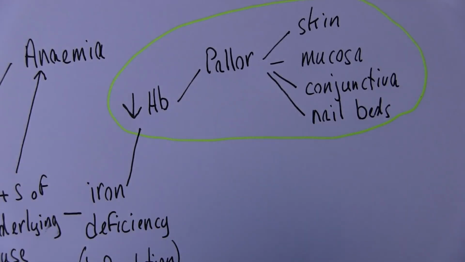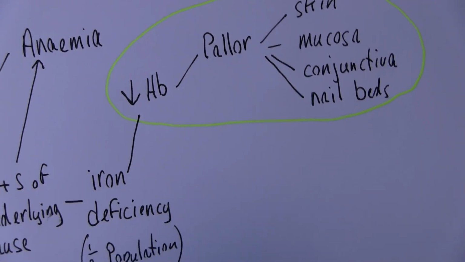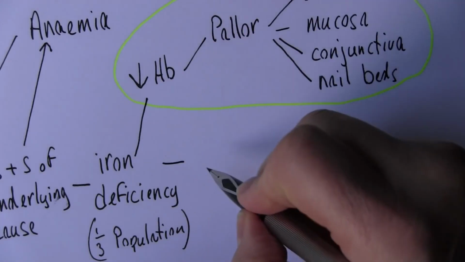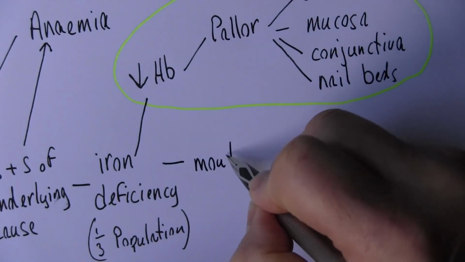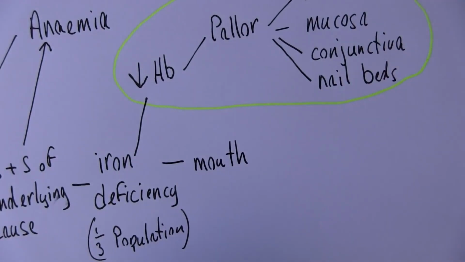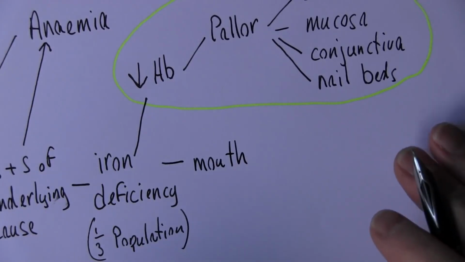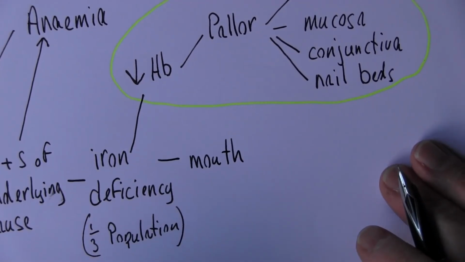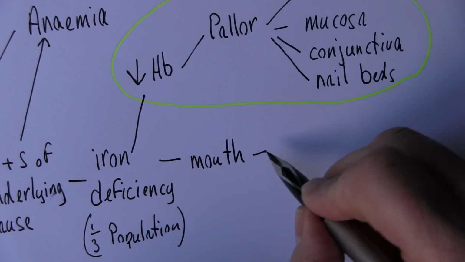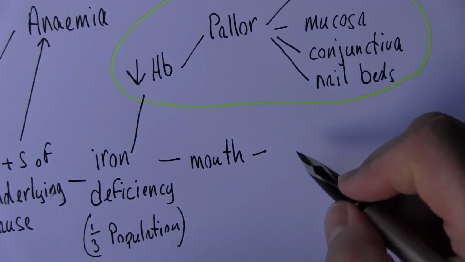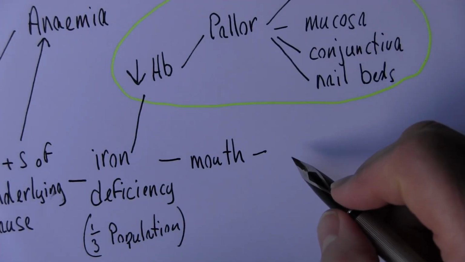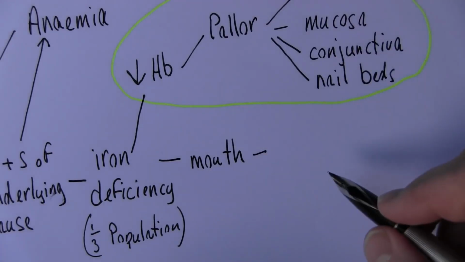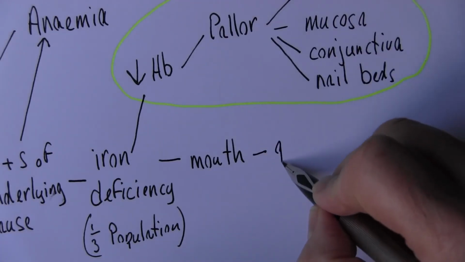Now, another group of features caused by the iron deficiency affect the mouth. Mouths are very useful to look at for clinical indicators of all sorts of things. And the first feature of iron deficiency that often presents, and we do see quite commonly in iron deficiency areas, is glossitis.